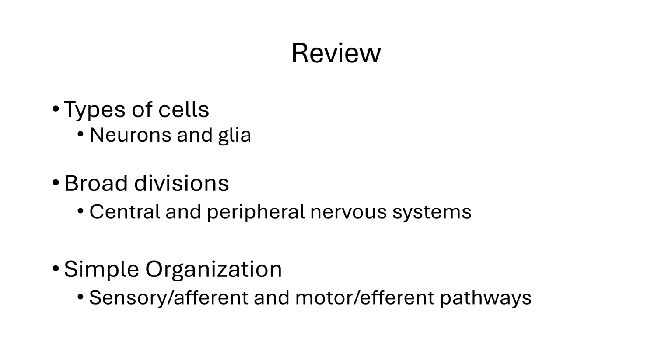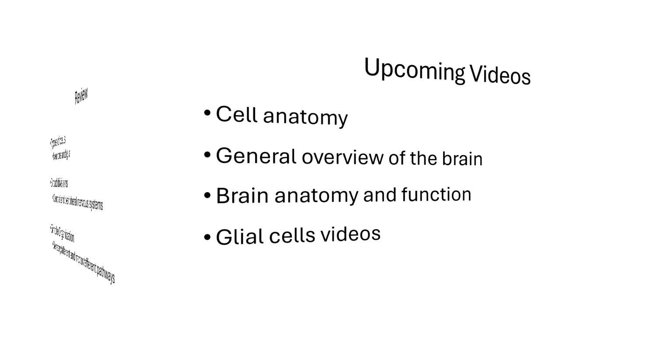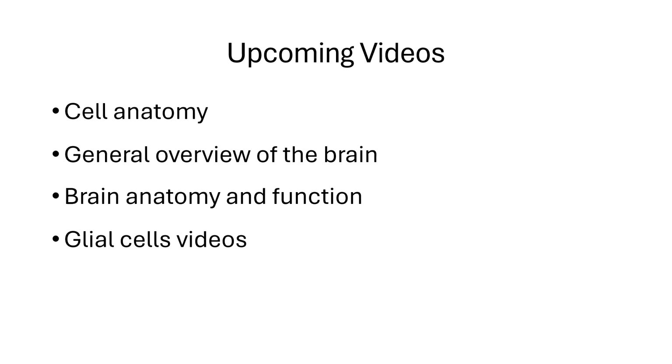And in the upcoming videos, we're going to go over a little bit of cell anatomy because that'll help us understand how the cells in the nervous system, your neurons and your glia, function to keep you healthy and happy in life.